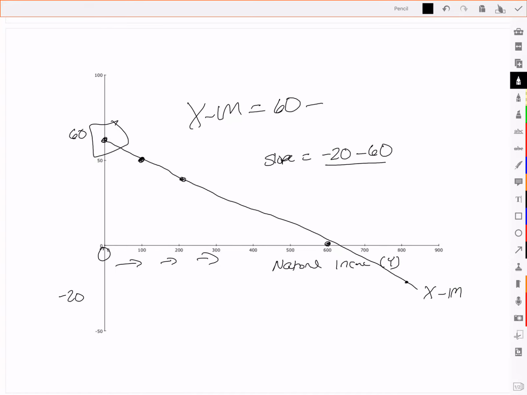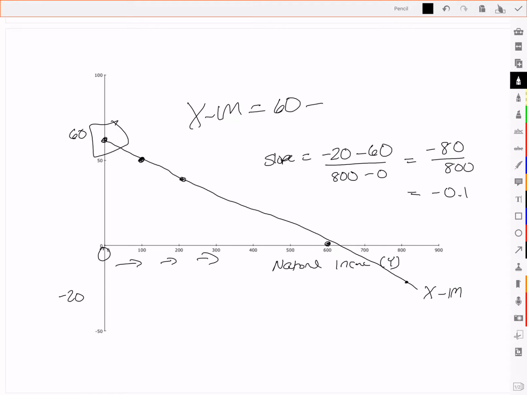Then we divide that by the change in income, and income went from 0 to 800, so 800 minus 0. And so we get negative 80 divided by 800. So our slope, negative 80 divided by 800, okay, is a negative 0.1.